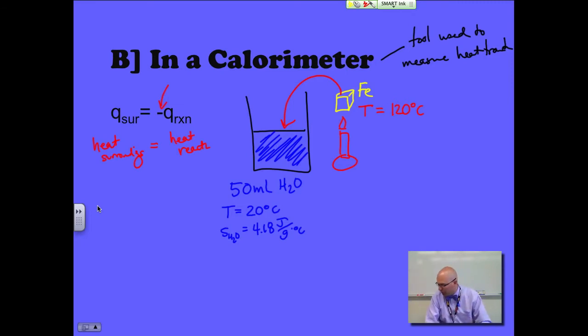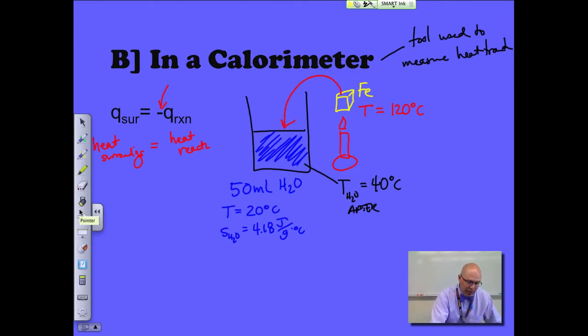So if we say that the water heats up to 40 degrees, this water now is 40 degrees. This is after you put the iron in.